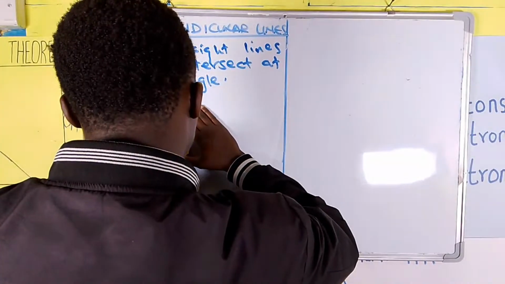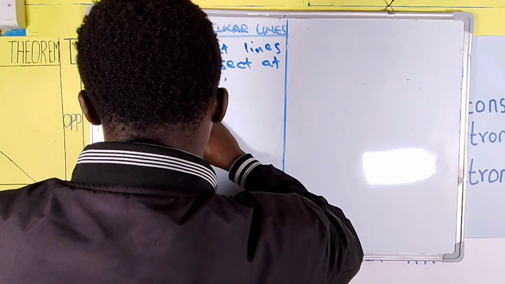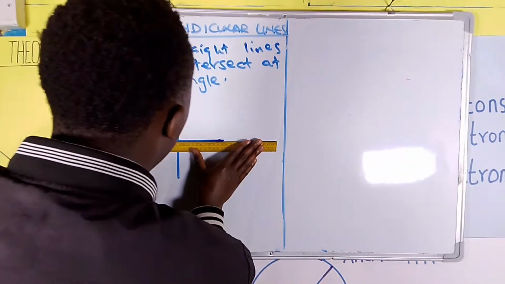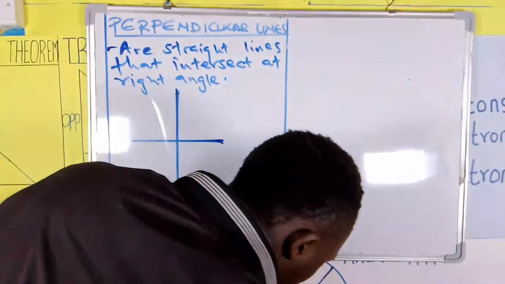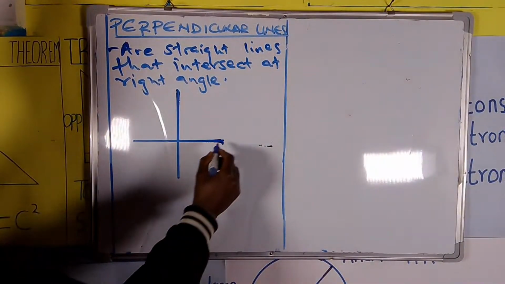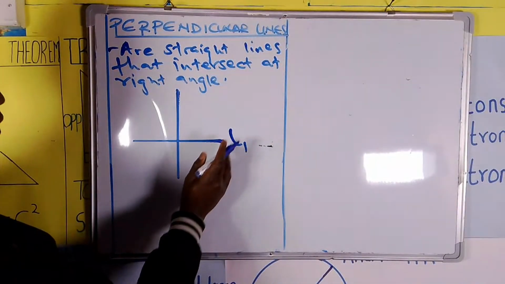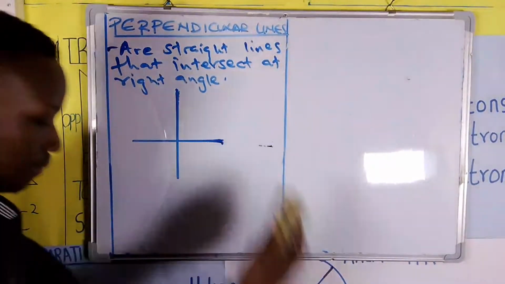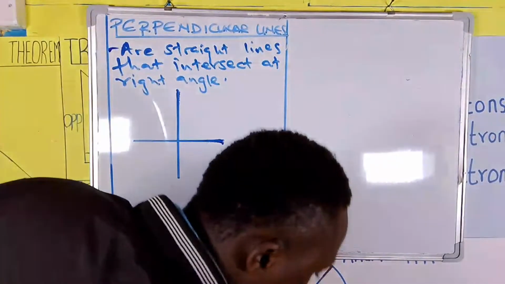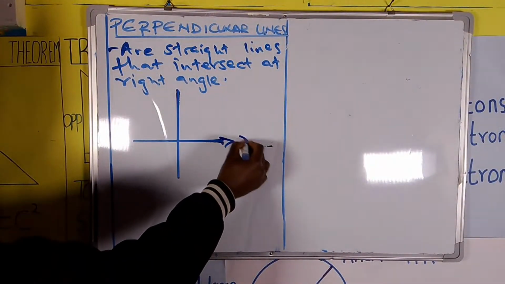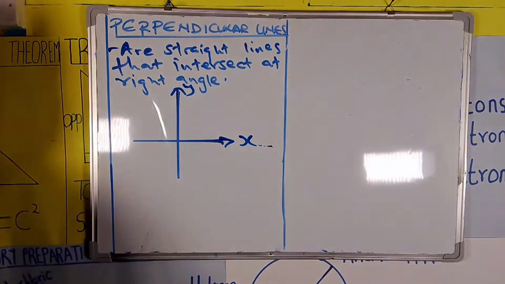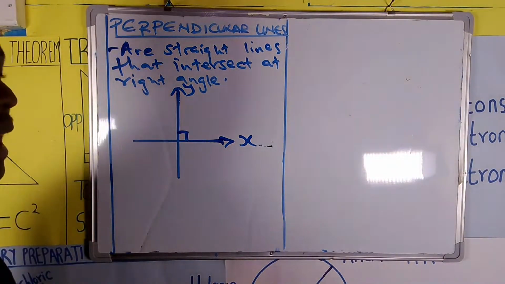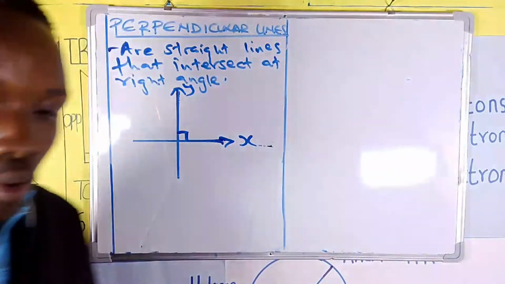For instance, let me use an example of a Cartesian plane. We are all familiar with a Cartesian plane. We have the x-axis and the y-axis, and this here at 0, or what we call the origin, always makes a 90 degree angle.